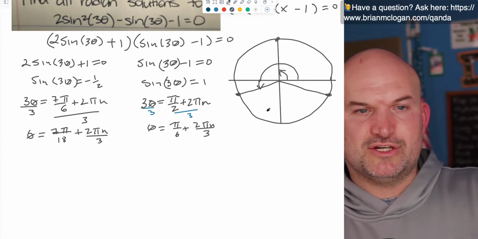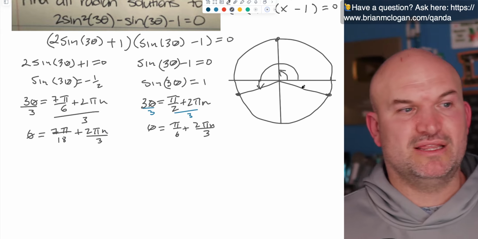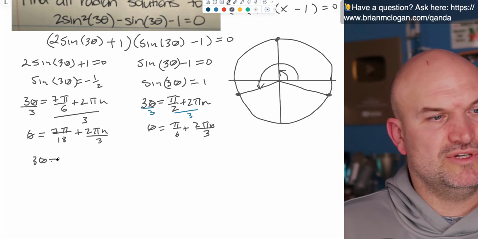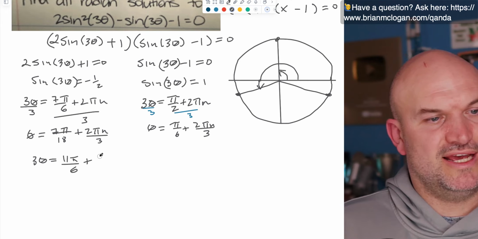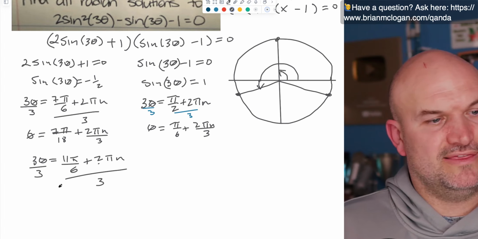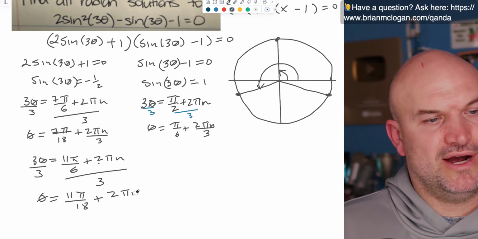Well, again, all the way around the circle is 2 pi. But if I'm short pi over 6, which is my reference angle, that's going to be 11 pi over 6. So then therefore I'd have 3 theta equals 11 pi over 6 plus 2 pi n. And then again, divide by 3, and I get theta is equal to 11 pi over 18 plus 2 pi n over 3. All right.